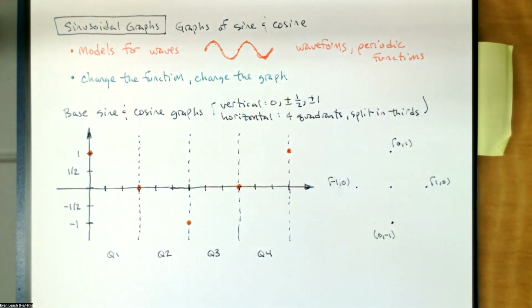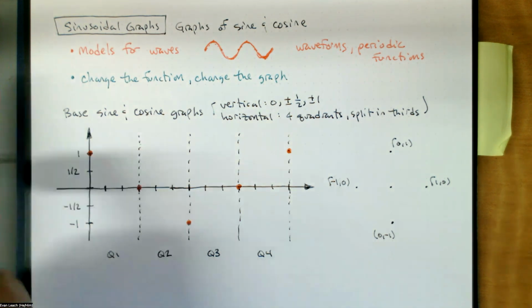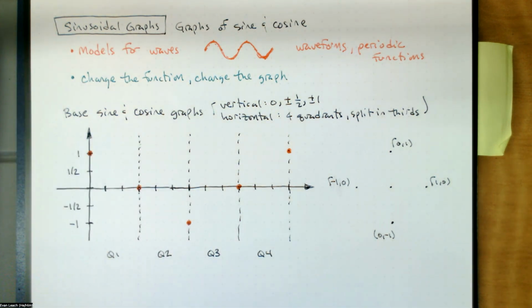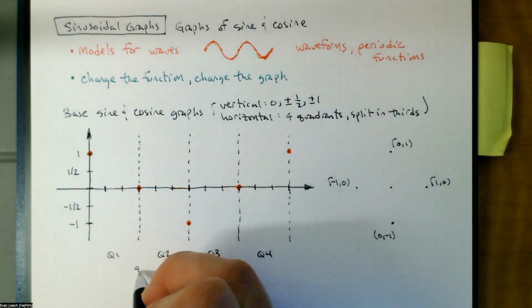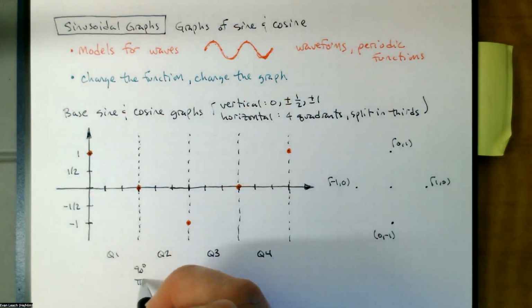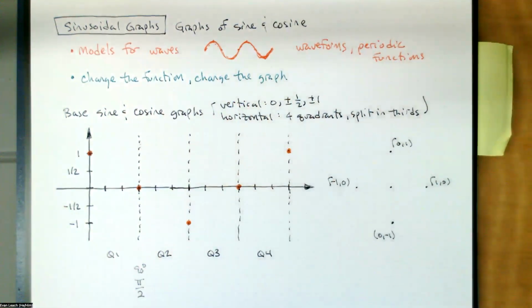Think about the x coordinate as we go around the unit circle. Remember that we split this into thirds. So this first quadrant ends at 90 degrees or pi over 2 radians.